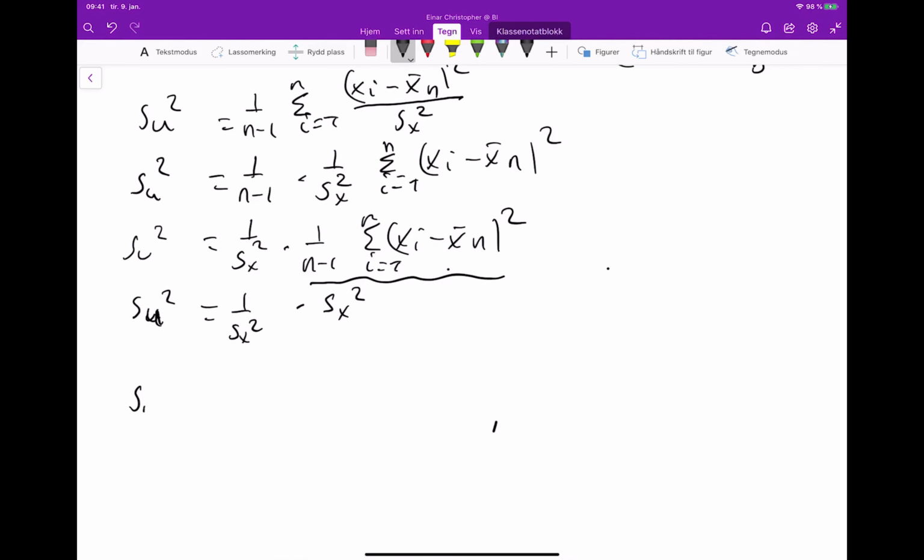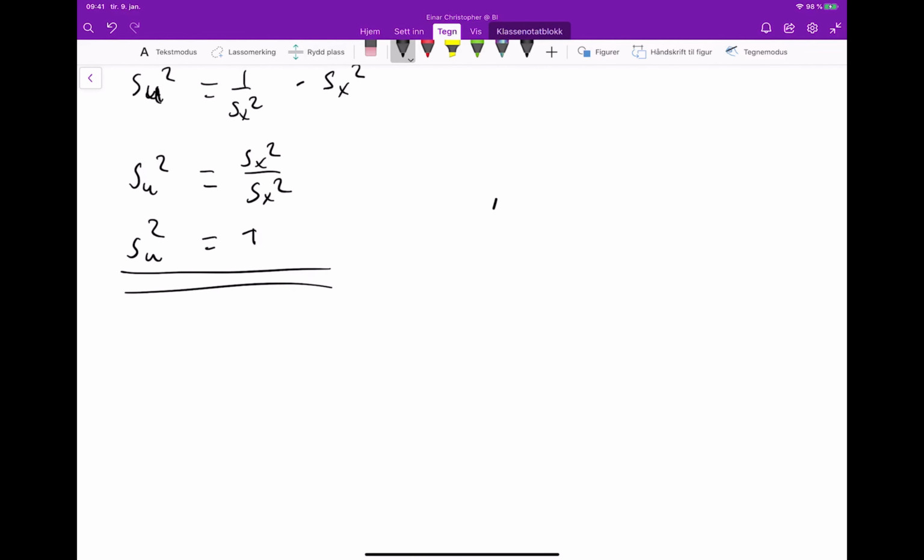So the desired result should be 1, and of course we got 1 now because here it stands sx in the power of 2 divided by sx in the power of 2, in other words, the empirical variance of the ui's is equal to 1. Cool? Yes, a little.